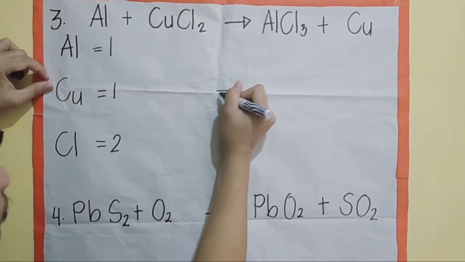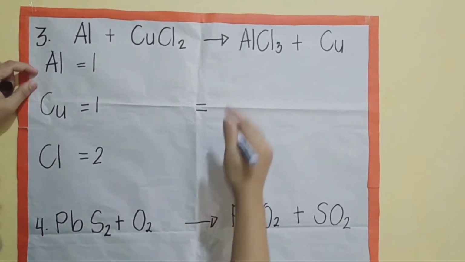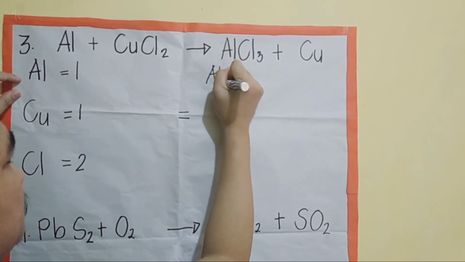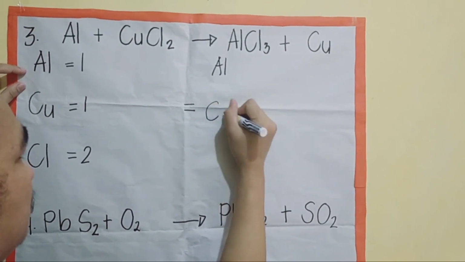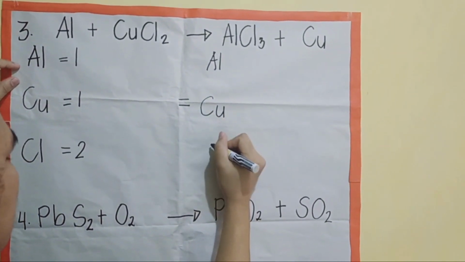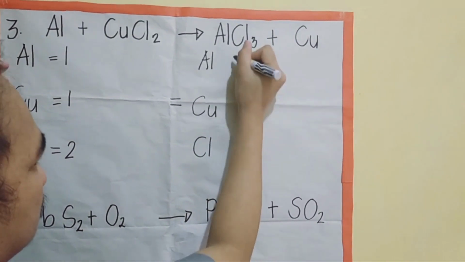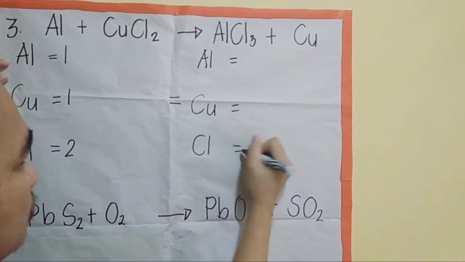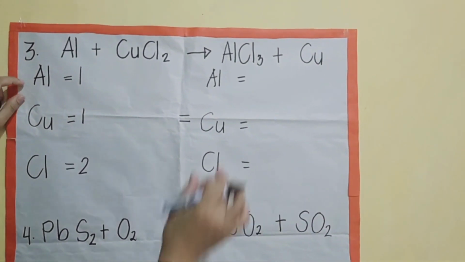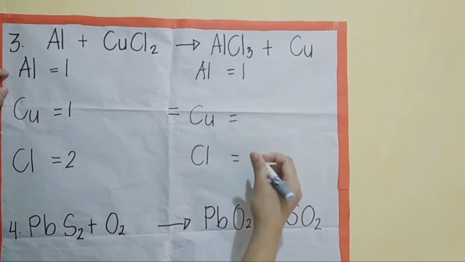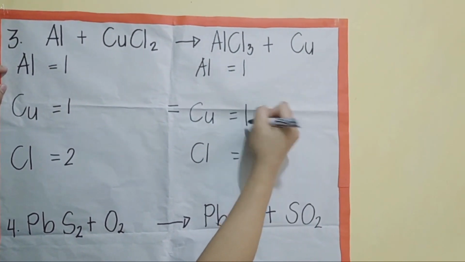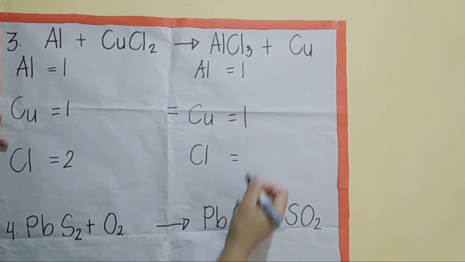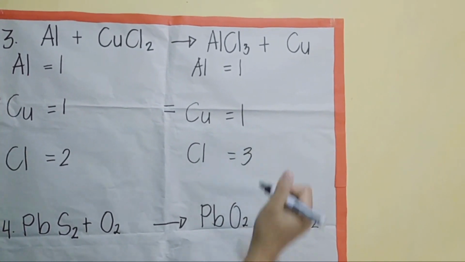So let's go to the right side. Aluminum, copper, and chlorine. So how many atoms do we have in aluminum? So 1. And then copper we have 1. And then chlorine we have 3.